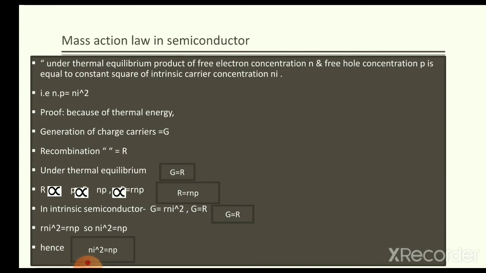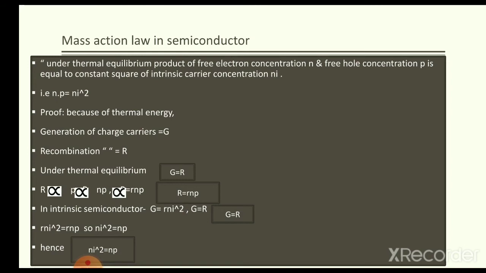Here one important term, intrinsic carrier density. For silicon, it is 1.5 into 10 raised to the power 16, and for germanium it is 2.4 into 10 raised to the power 19, and the density of silicon is 2.33 into 10 to the power 6 gram per meter cube, and for germanium it is 3.32 into 10 to the power 6 gram per meter cube.